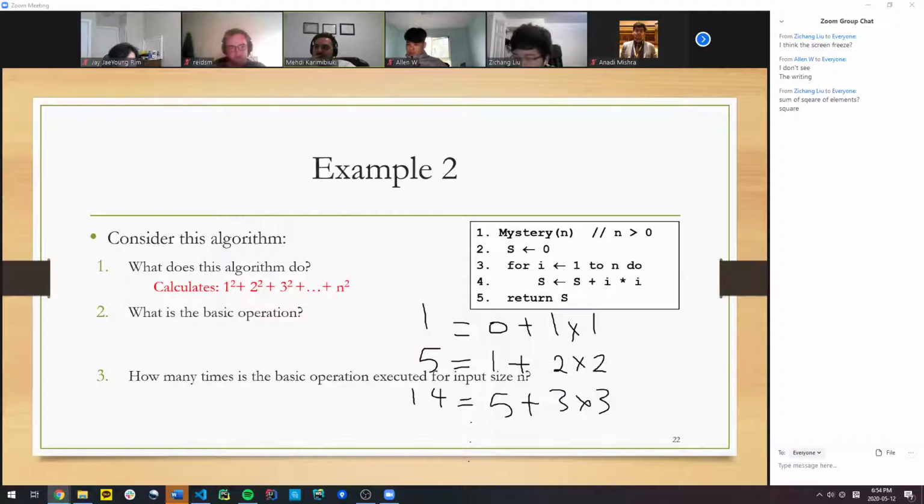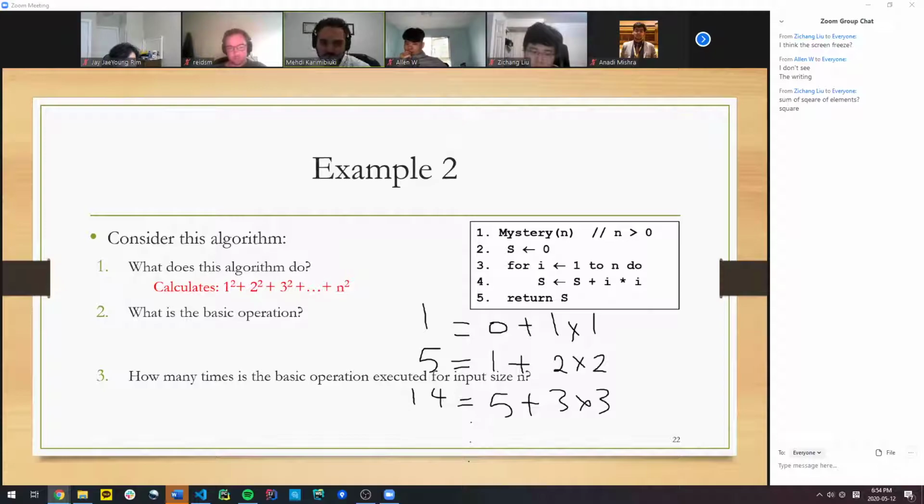Right. So we either have to claim line number 3 to be a basic operation or line number 4. We have to choose, because both of those lines take most of the time of this algorithm.